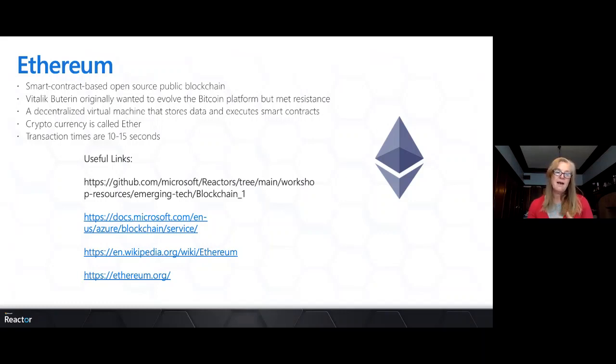That is one of the mechanisms by which people don't take advantage of the blockchain and just have their contracts executing and taking up everything. Transaction times are also much faster, 10 to 15 seconds usually.